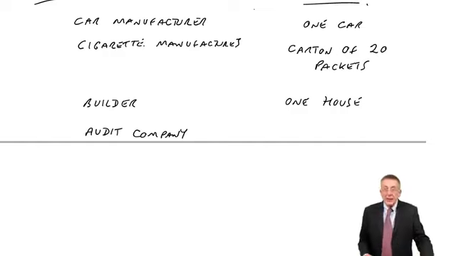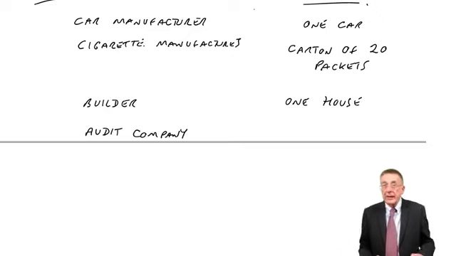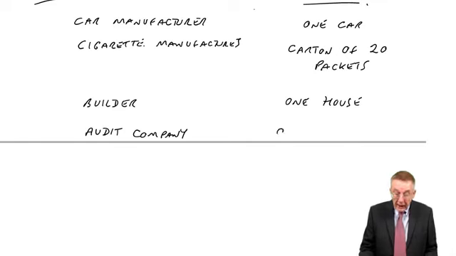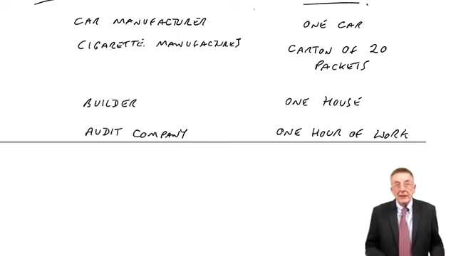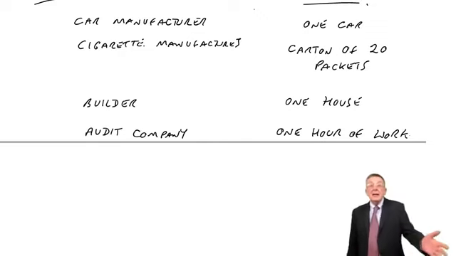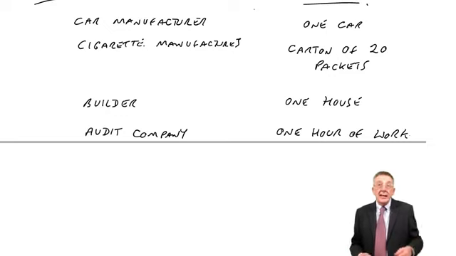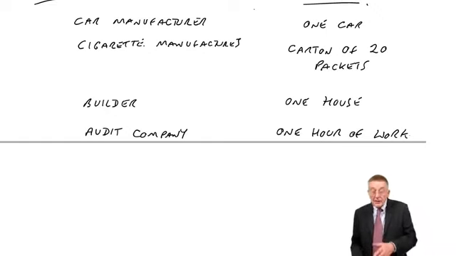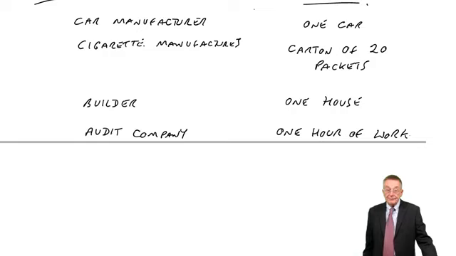Well, I don't know if any of you have any experience working for a firm of accountants, but what they tend to do is work out the cost of 1 hour of work. They say, well, for every hour we work, it's costing $100. Fine. If one audit takes 10 hours, well, it's $100, that's 1,000. If another takes 20 hours, well, it's $100 an hour, that's 2,000. But the cost unit itself would be an hour of work.